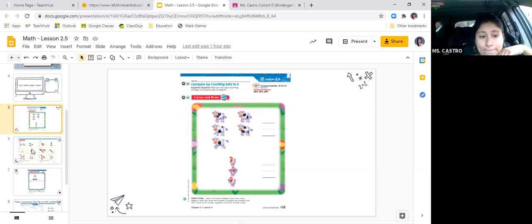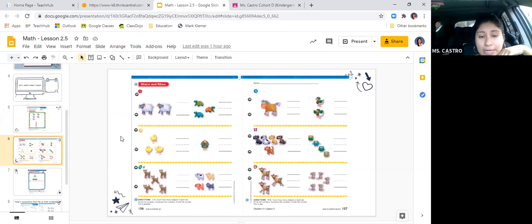All right. Moving on to the next page, we're going to count and label the sheep. Then we're going to count and label the turtles. For this page, we're going to compare the numbers and we're going to see which one is greater. So I'm going to go back to my whiteboard.